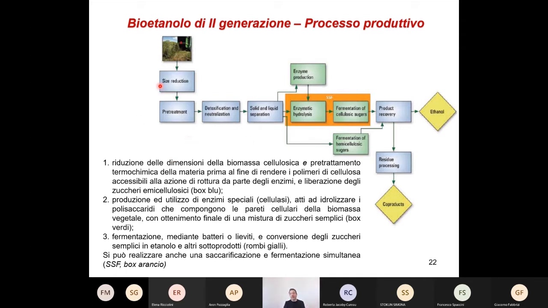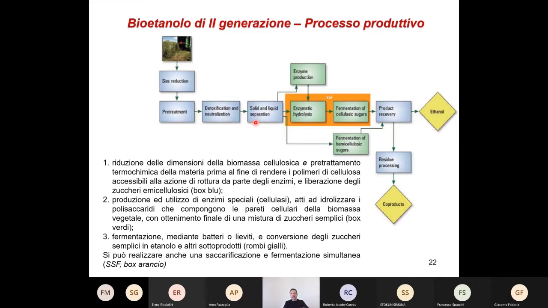So from this very complicated biomass to obtain the part you are interested in, so cellulose or hemicellulose. Okay, so we will also have a zoom on these pretreatments, but your objective is to have cellulose and hemicellulose available and separated.